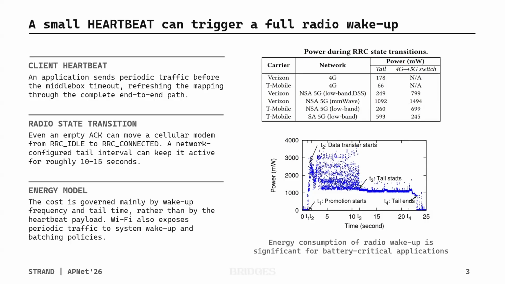Measurements cited by the paper place this interval around 10 to 15 seconds in common LTE settings. A packet during the tail may add little, but an isolated heartbeat can cause the transition again. The result follows the number and spacing of wake-ups more closely than payload bytes.